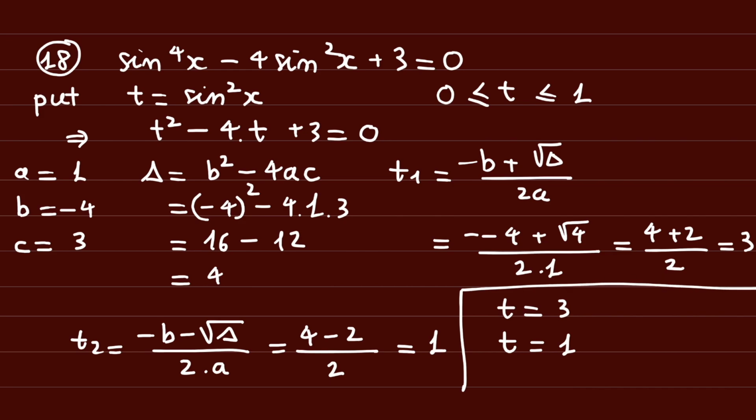You need to compare to the interval of t, because t has to belong to the interval 0 to 1. That's why t equal to 3 is outside of this interval, which means we cannot take this value for t. The only acceptable solution here is t equal to 1. So for t equal to 1, once again you get sine square h equal to 1.